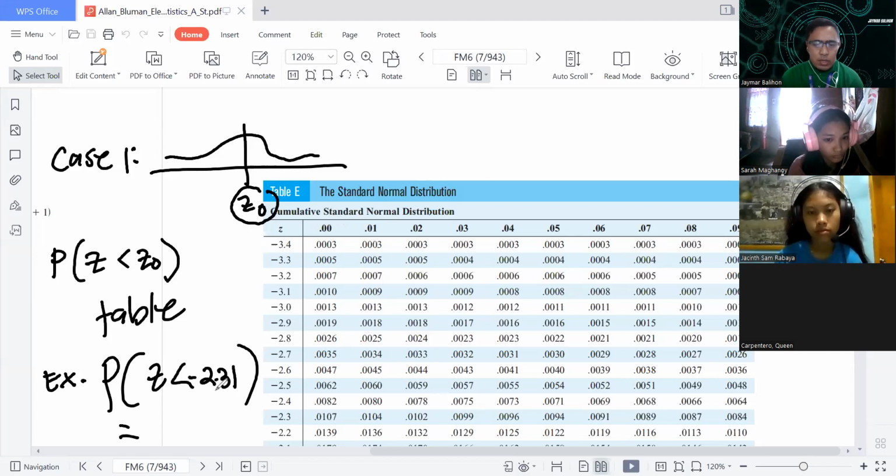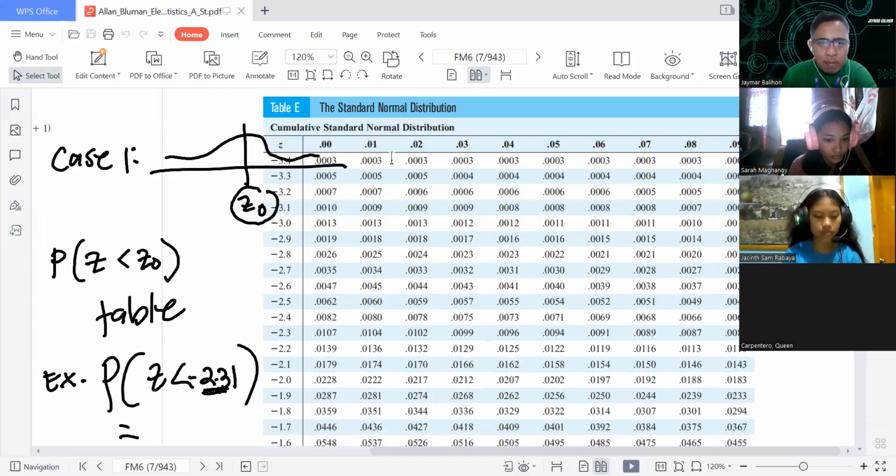So what you consider here, class, is negative 2.3. Since it is negative, you use this table, and if it is positive, you use the other one from a while ago. Since it is negative, look for 2.3. Negative 2.3 is here. Did you see it? It is somewhere here.